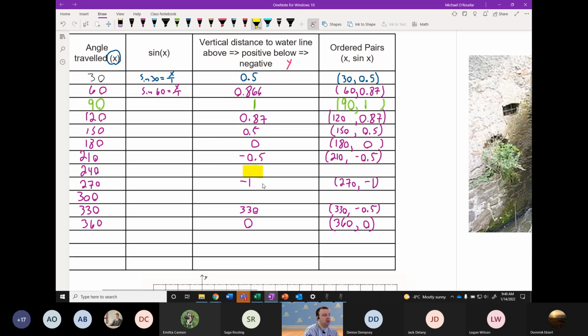So what number do we think is going to go in this spot right here? Look at the pattern that's going on. What's the next number to go in there, do you think?